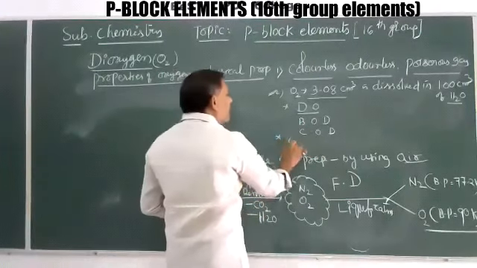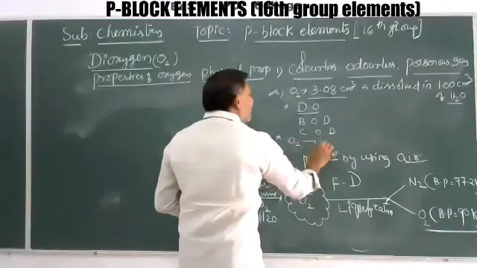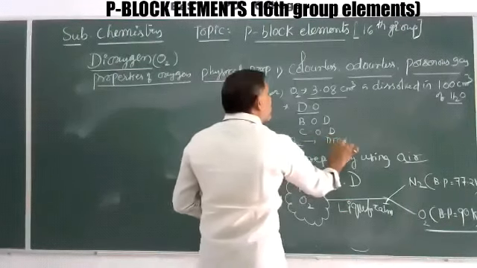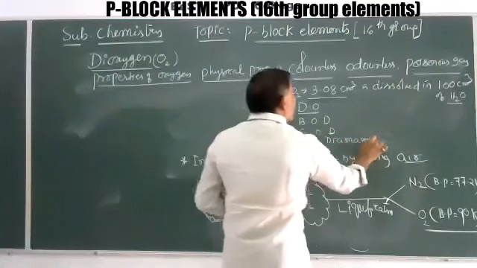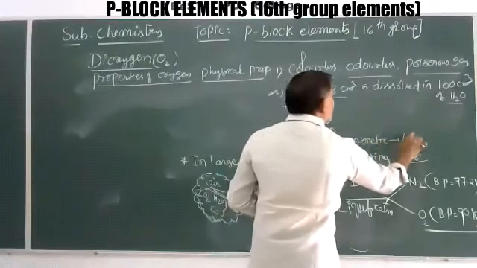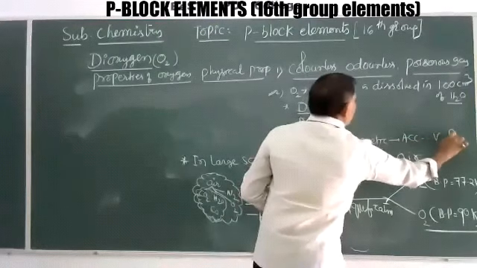Generally, here the O2 molecule is diamagnetic according to VB theory, VBT.